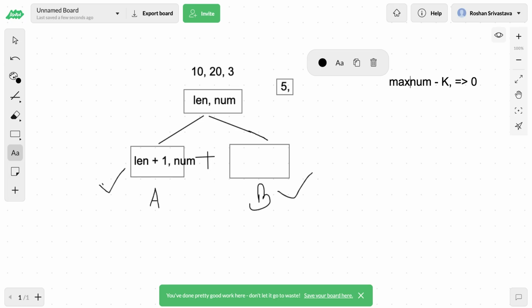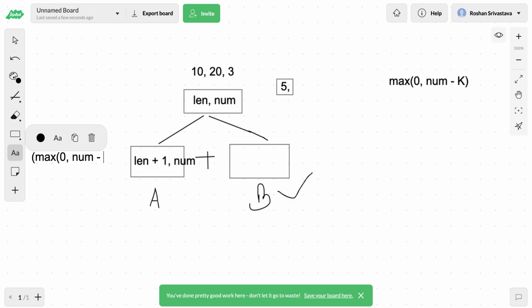So we should simply write that the number of ways of choosing one song which was previously played, out of these num songs, is the maximum of 0 comma num minus k. Let me write it here so that we can visualize it better. We want to multiply this by the maximum of 0 comma num minus our given k. This should be multiplied by this particular state.